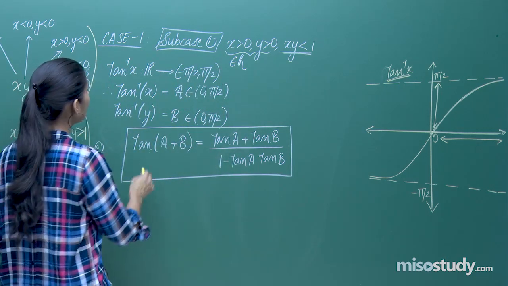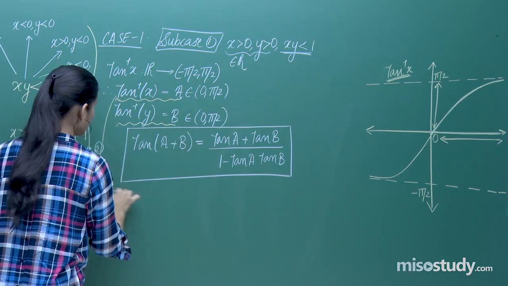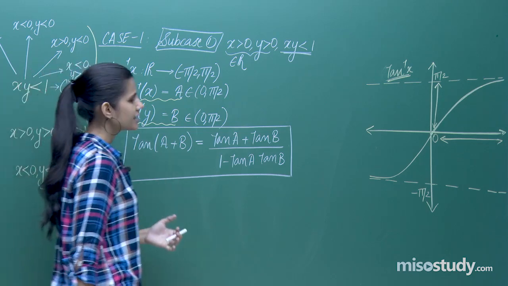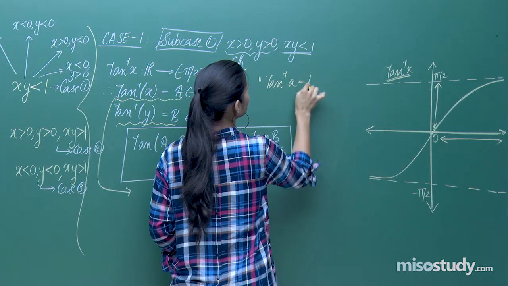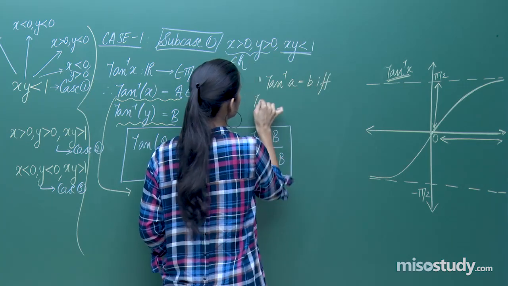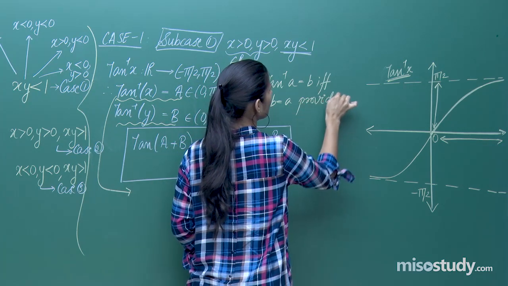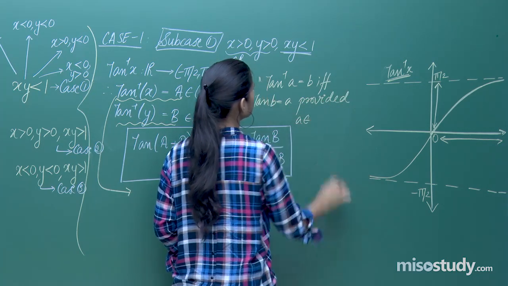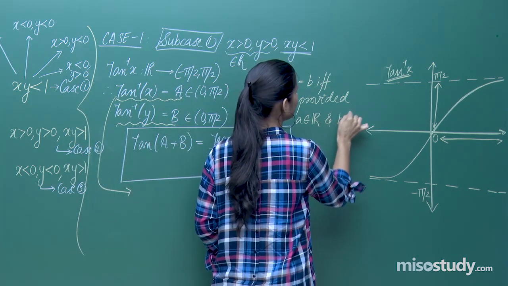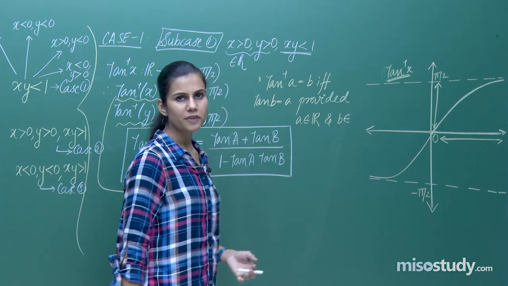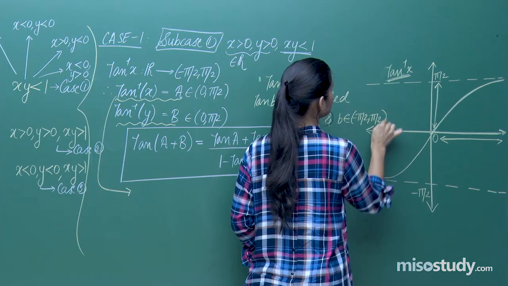Now, if you focus upon this statement and this statement, let's come over here. Tan inverse x equals a, let me write a rule. It says tan inverse a equals b if and only if tan b equals a, provided a comes from the domain of tan inverse or the range of tan, which is the collection of all reals, and b comes from the range of tan inverse or domain of tan, which is the open interval minus pi by 2 to pi by 2.